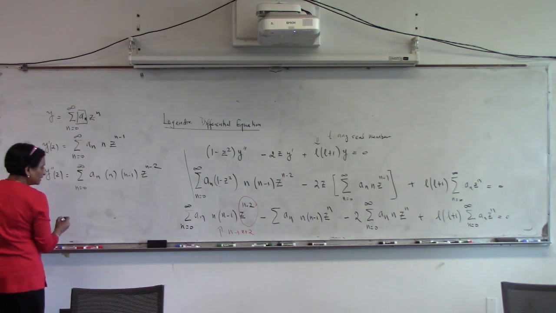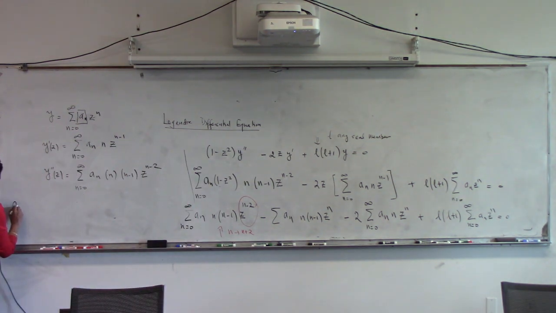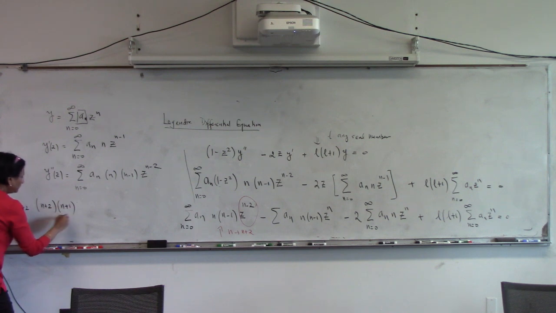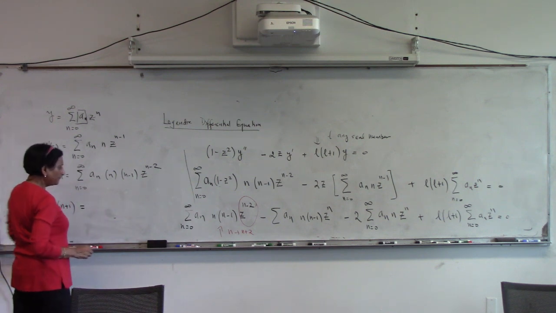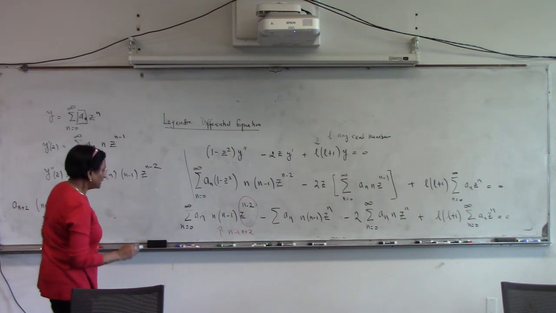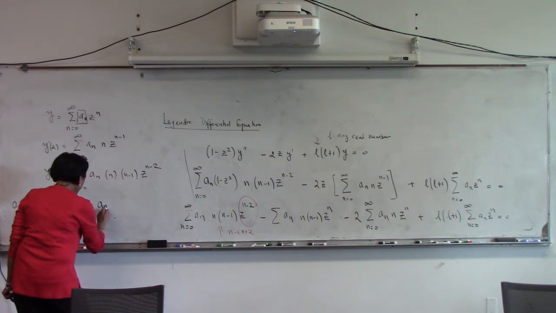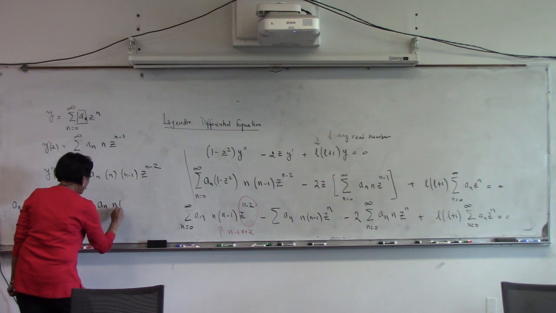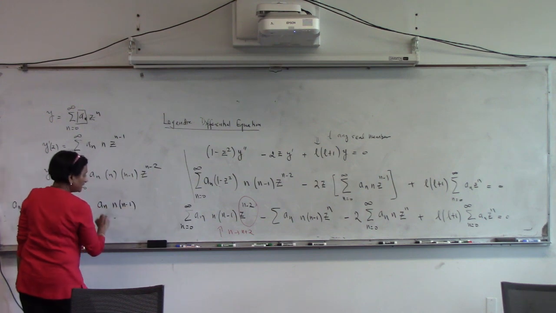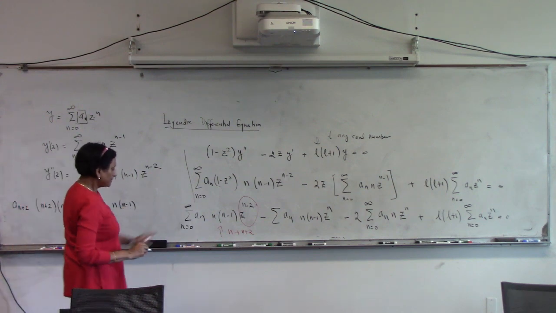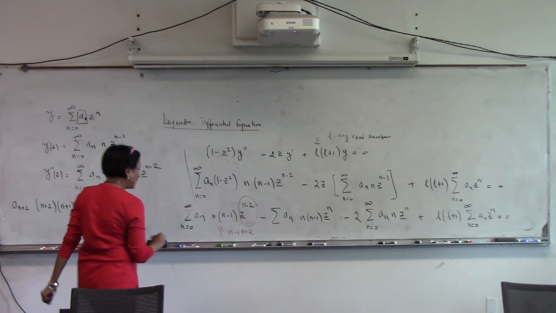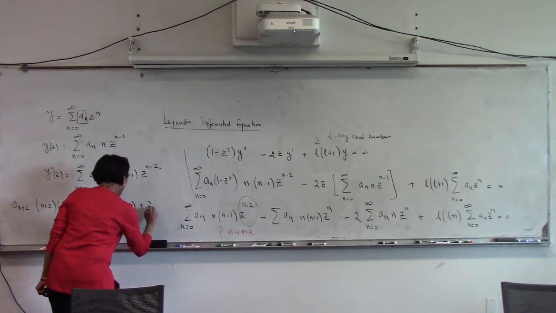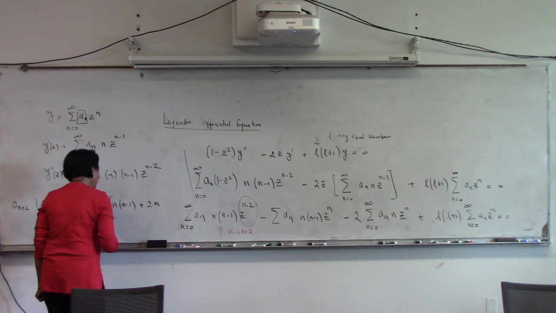So it will give me the following equation: a sub n plus 2, n plus 2, n plus 1 should be equal to, I'm going to take all of them to the other side. I don't have to change anything. A sub n, n times n minus 1, that becomes 2n, since I'm looking at the coefficient of z to the power n.